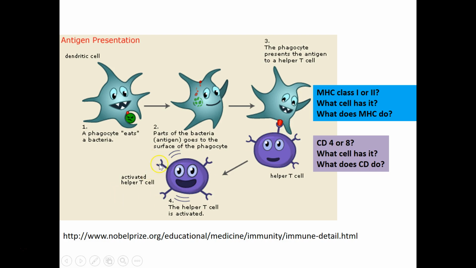You see this happy, afterwards activated T cell. But we know since they say this is a helper T cell that it's CD4. What cell has it? Helper T cells only. What does CD4 do? This helps us recognize MHC class 2.